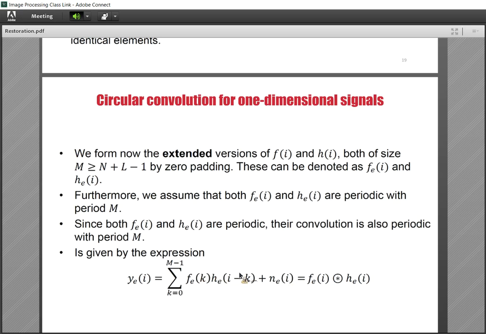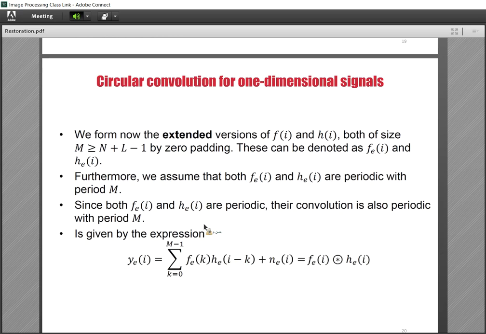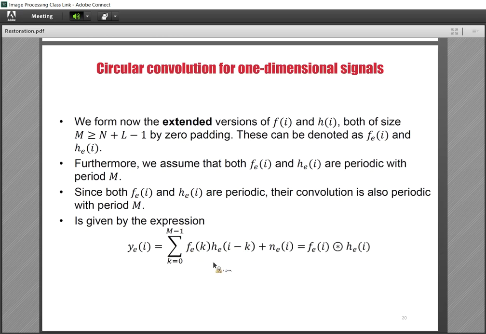This item, the first one, is circular convolution, noted here as f extended i circularly convolved with h extended i, and maybe plus n extended i. The noise is outside of the convolution. This is the meaning of circular convolution.